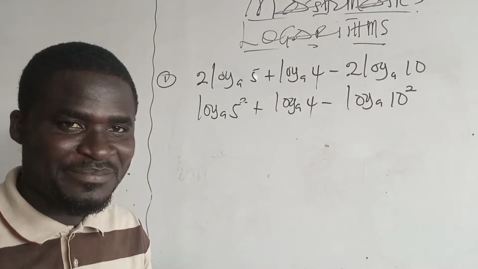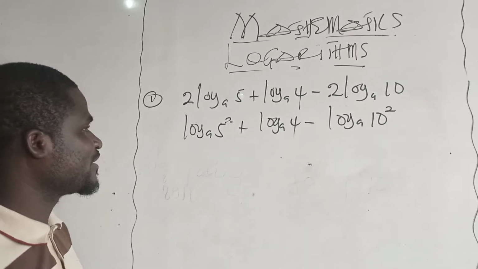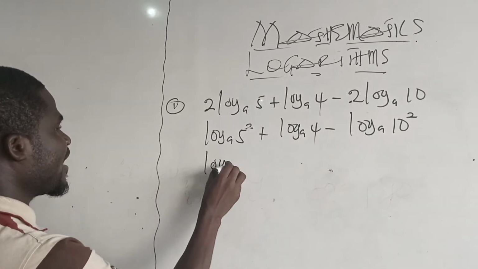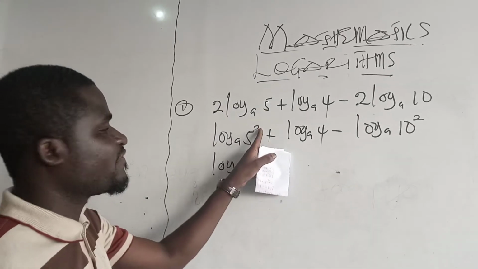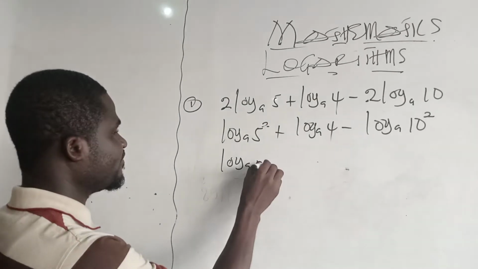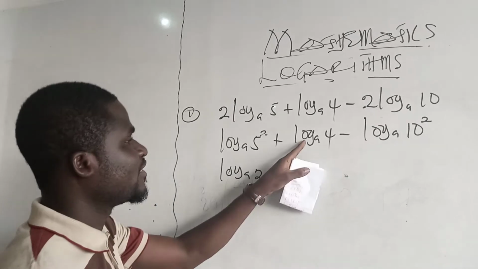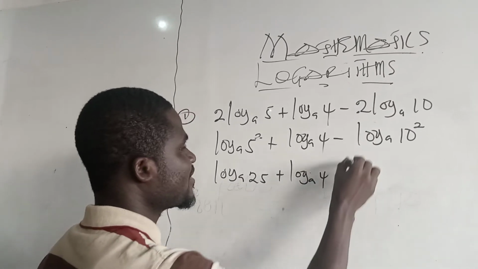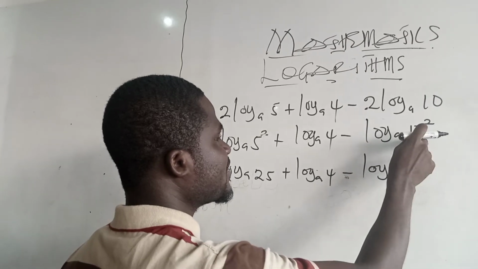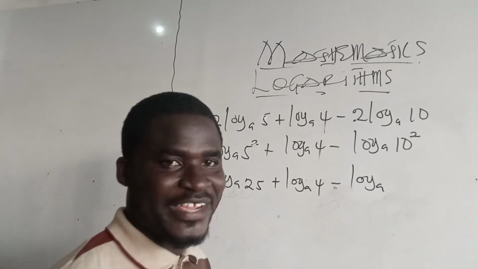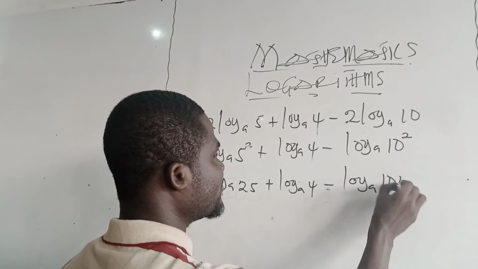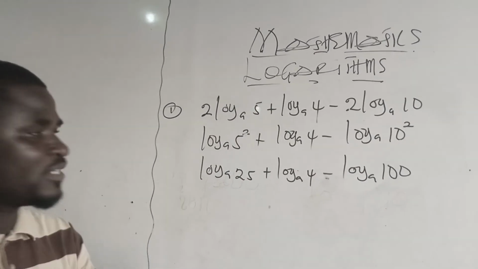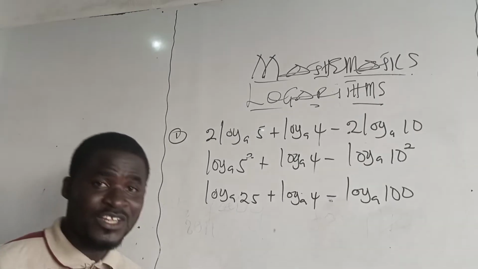And you get to the first step. Good. Now, we are going to have log a 5 exponent 2 will give us 25 plus log 4 minus log a 10 exponent 2 will give us 100. So 100. Good. Now let's apply the first law. The first law, this and this. What the first law says?